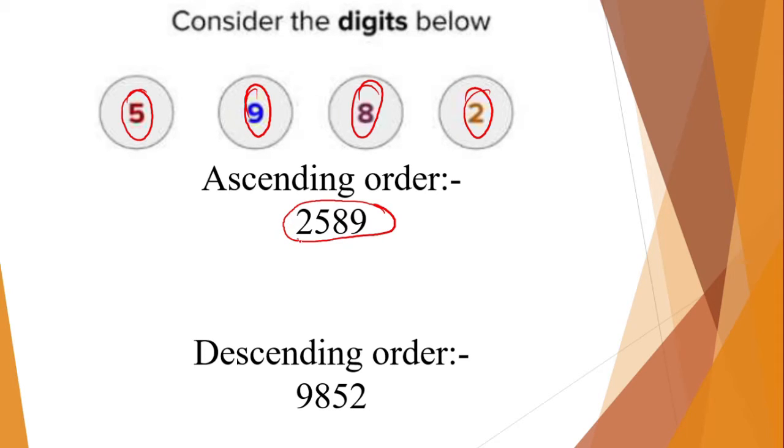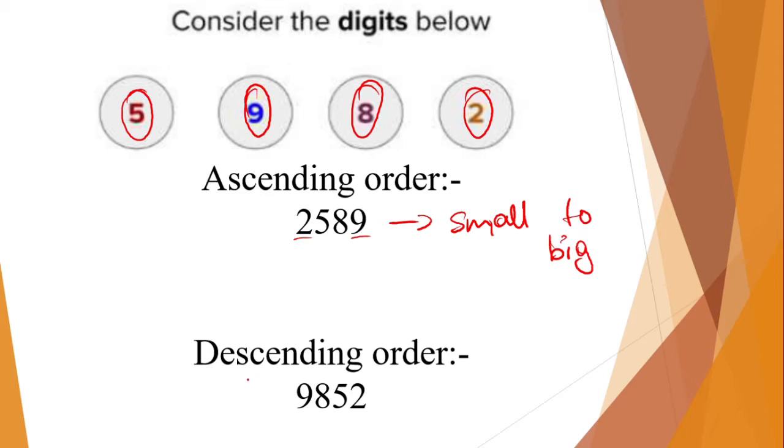Because it goes in the order small to big, right? So then it's ascending order. You can see, right? 2, 5, 8, 9. From the smallest number, which is 2, it's going to the greatest number, which is 9. So this is known as ascending order.